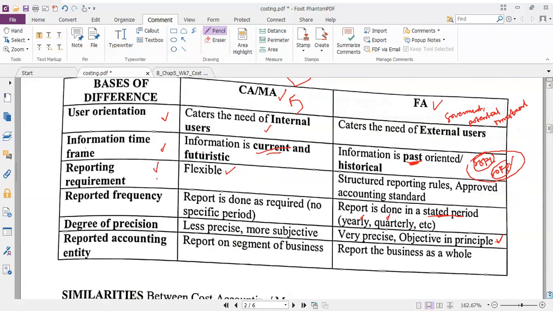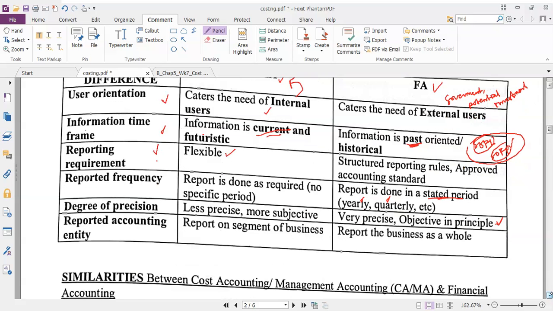What else? Reported accounting entity, okay? Kalau untuk cost accounting, report on segment of business. Maksudnya dalam satu business dia ada banyak department. Each of department tu dia buat cost accounting lah. Kalau financial accounting ni dia lebih kepada business as a whole.